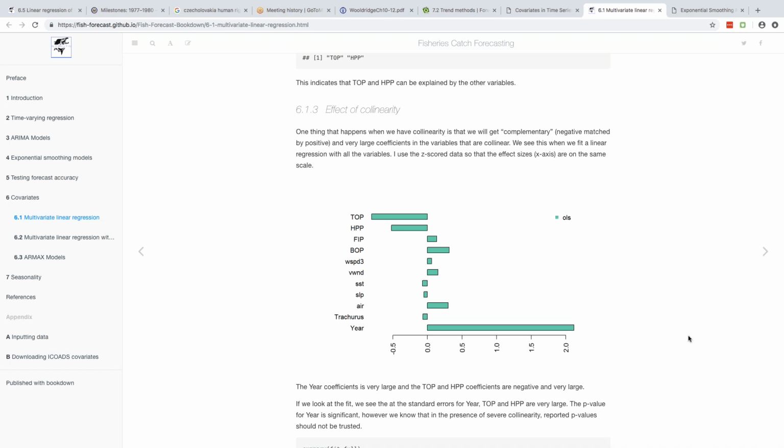This pattern, where one covariate comes out really positive and another comes out very negative, is the classic collinearity problem. It turns out if you did a pairs plot, you would see that year and top are collinear.